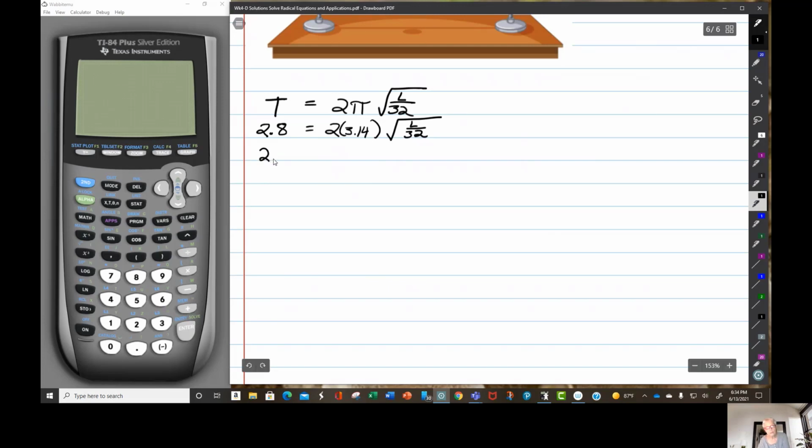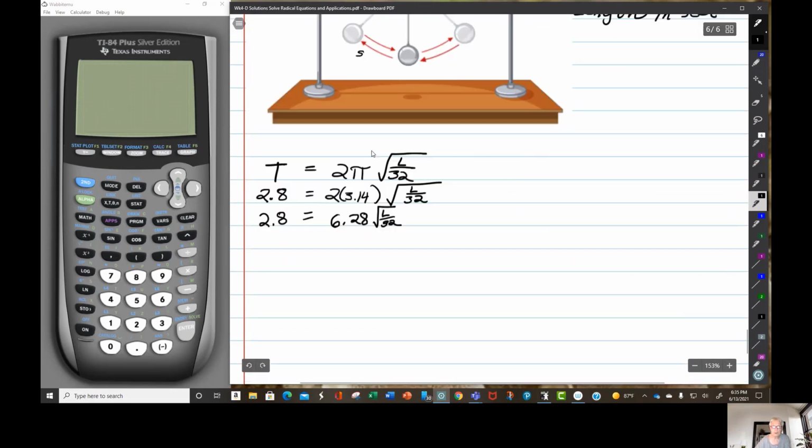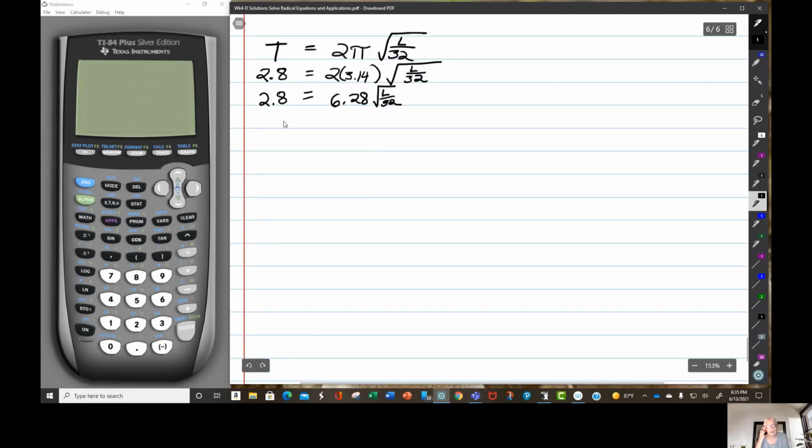So 2.8 equals 6.28 times the square root of L over 32. Let me make absolutely sure that I've got that right. Yeah, square root of L over 32.